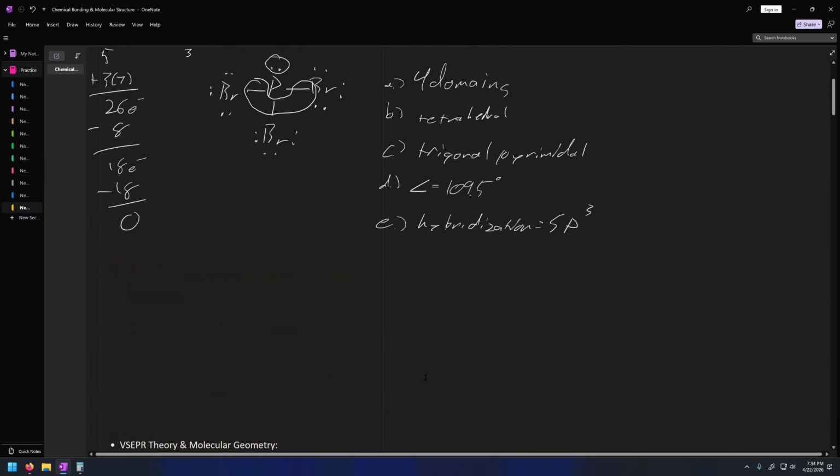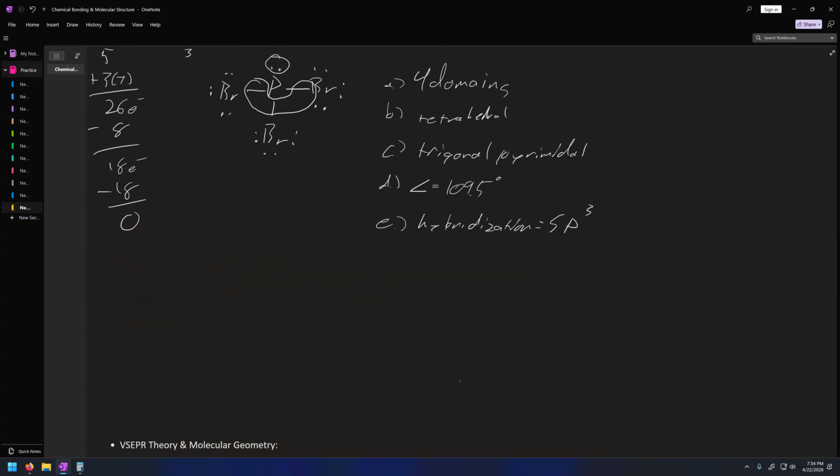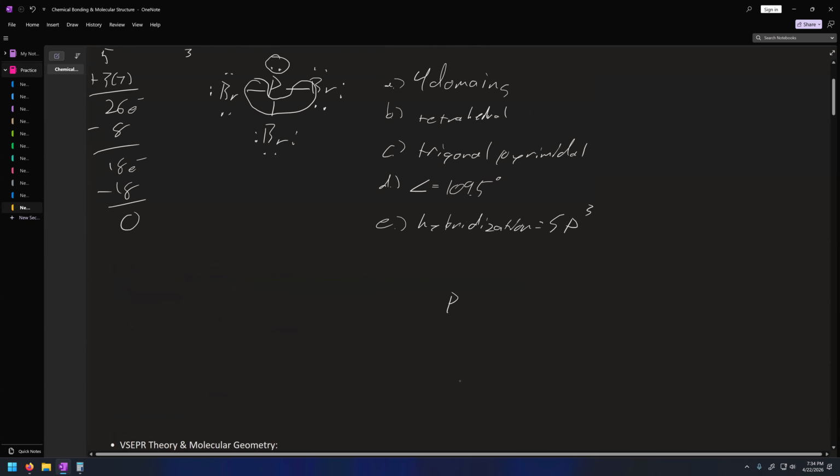In the case of PBr3, I'm just going to redraw it here for clarity with a little attempt at drawing the 3-dimensionality. So the dashed line is supposed to represent a bromine going away from us. The shaded in wedge is supposed to represent a bromine coming at us.